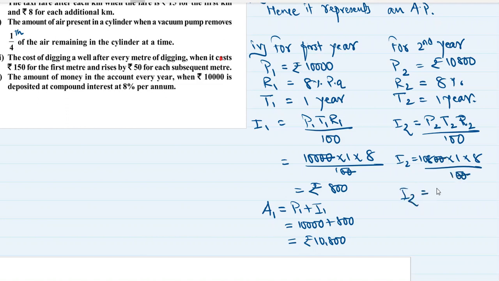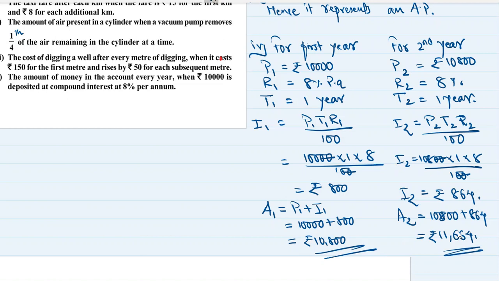So I2 is 108 times 8. Now 100 times 8 is 800, 8 times 8 is 64, so rupees 864. Now the amount becomes 10,800 plus 864. 10,800 plus 800 is 11,600, so the amount is 11,664.